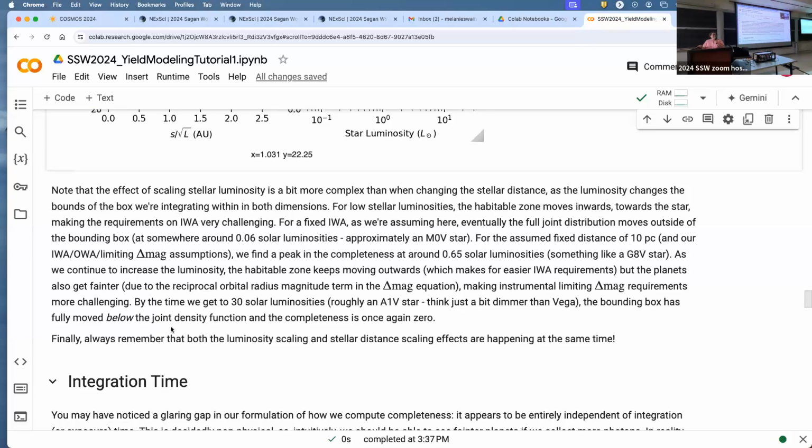So changing stellar distances is mostly just an impact on the separation, but when they're changing luminosities, that impacts both the delta magnitude as well as the separation. So it's a little bit more complex, and you just want to pay attention to that. To say it in a little bit more detail, when we have a lower stellar luminosity, the habitable zone moves inwards, and they need a tighter inner working angle to be able to access it.